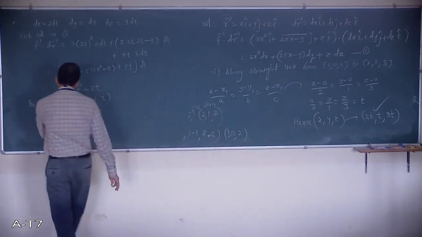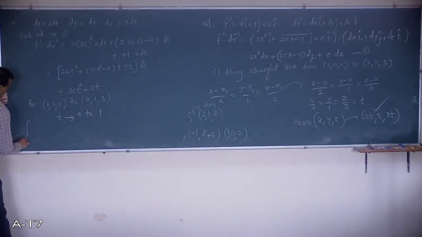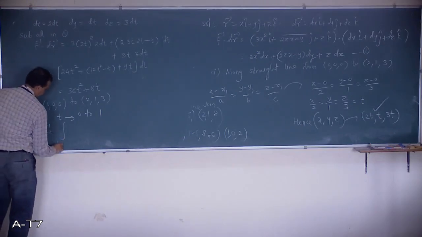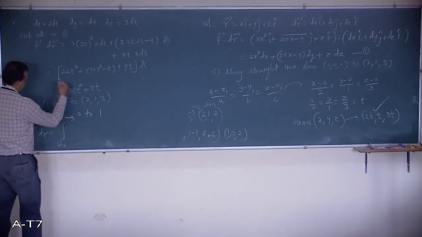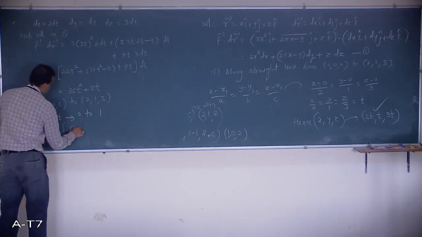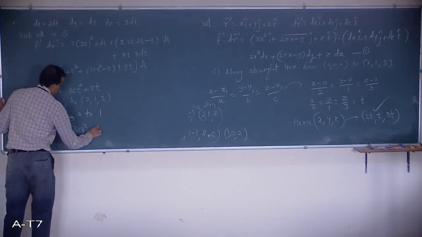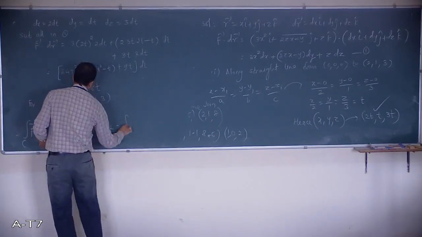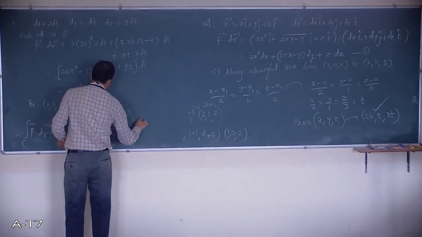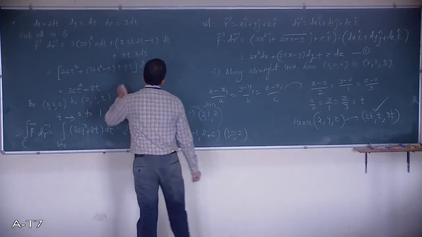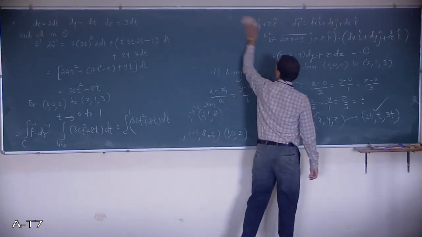Now let us evaluate quickly. Therefore, integral over C of f dot dr along the line, of course they can write point 0, 0, 0, 2, 1, 3, but I will directly write. So it is integral from 0 to 1 of 36t square plus 8t dt. So quickly integrate.